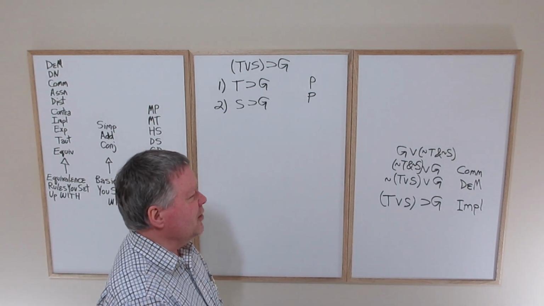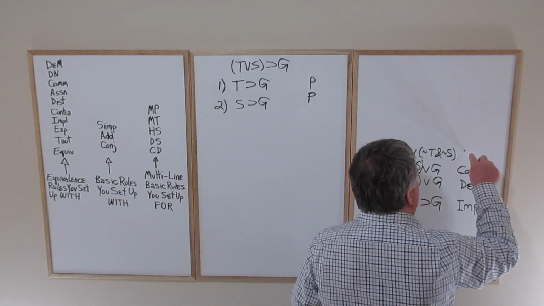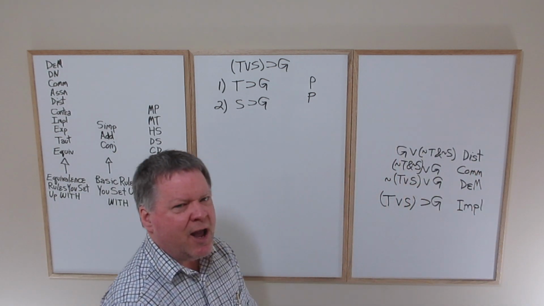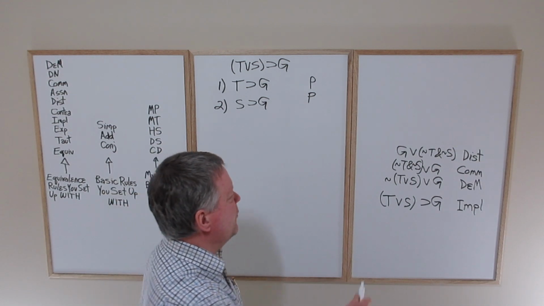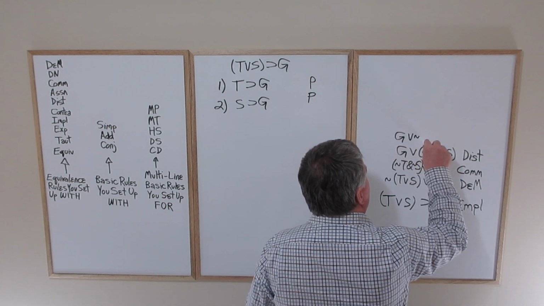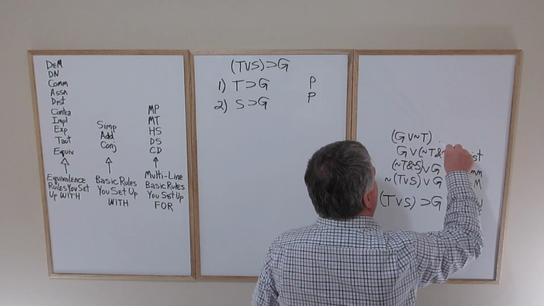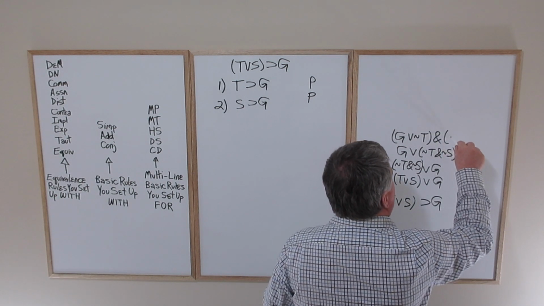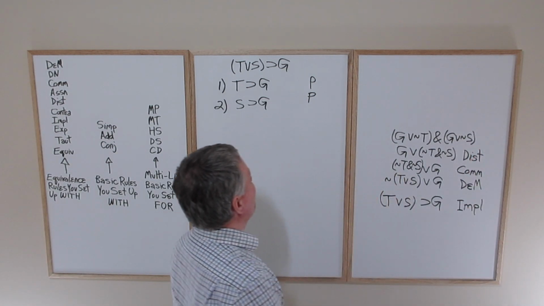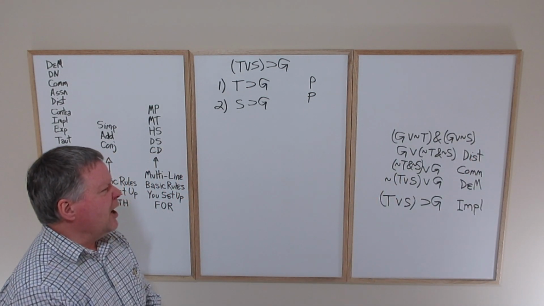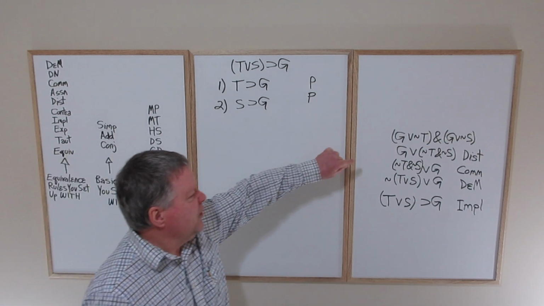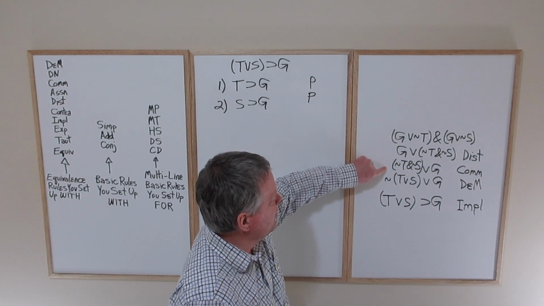What are we going to get that sentence from? We're going to get it from the conjunction P or Q and P or R. In other words, we're going to get it from G or tilde T and G or tilde S. So if we could just figure out how to get that conjunction, then we'd know how to get this disjunction by distribution.